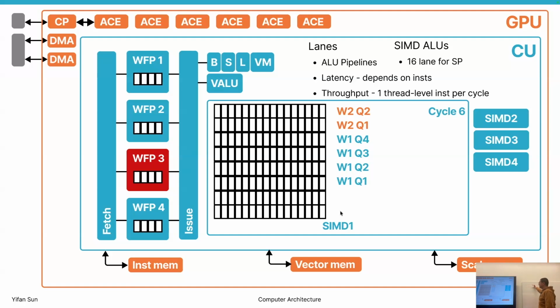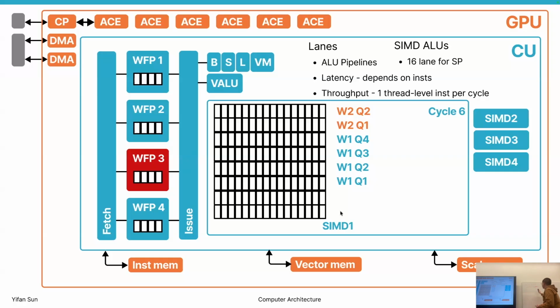CDNA did not start from scratch or change that much. RDNA changed a lot. CDNA is basically an evolution, a minor change of the GCN architecture. RDNA actually has a similar architecture to NVIDIA's.